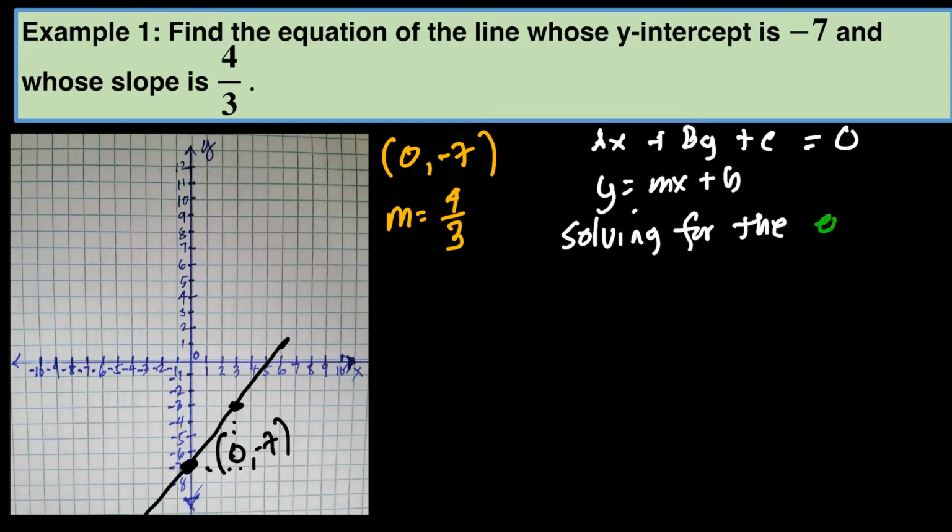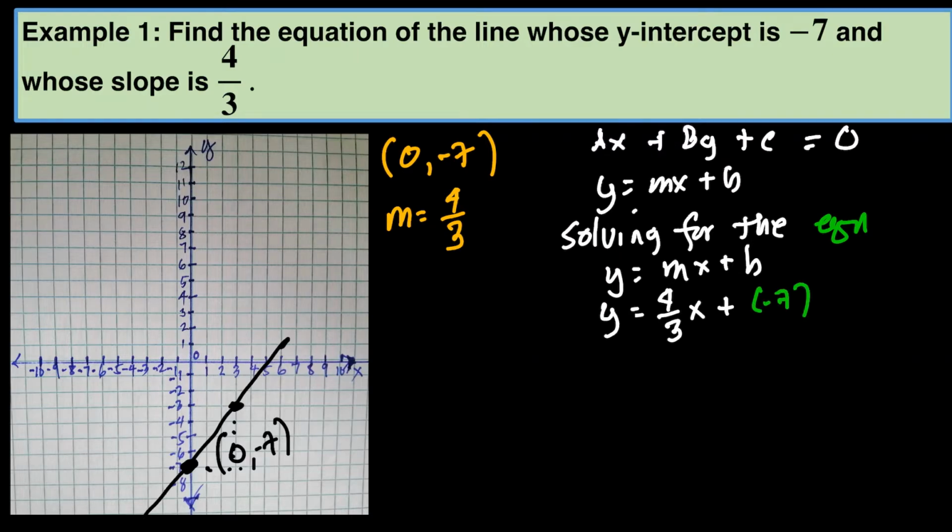Let's use the slope-intercept equation. We have y equals mx plus b, and we are given the slope, which is 4/3, so 4/3 x plus the y-intercept, which is -7.